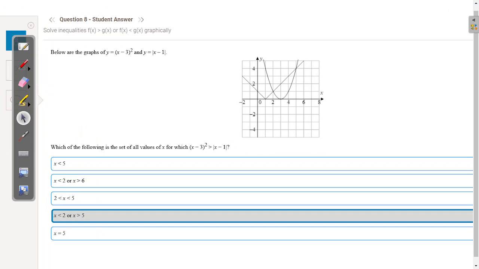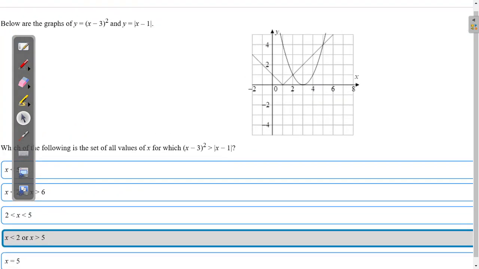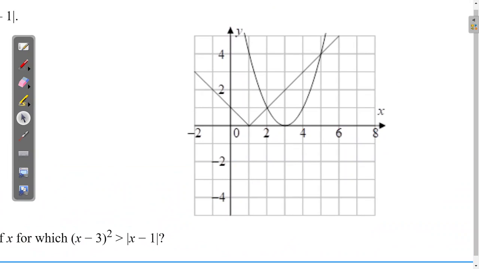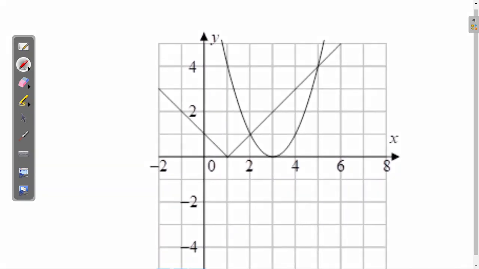Okay, this one is the same as the one before, but this one they gave you the graphs. X minus 3 squared greater than x minus 1. So when the parabola is higher than the absolute value, like this here and here. These are higher, right?